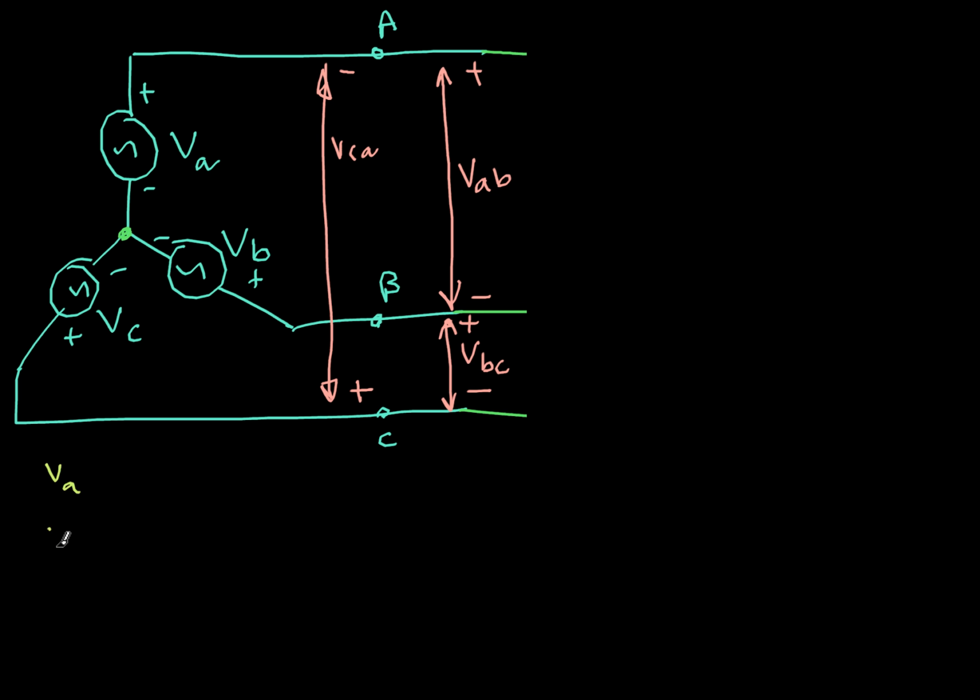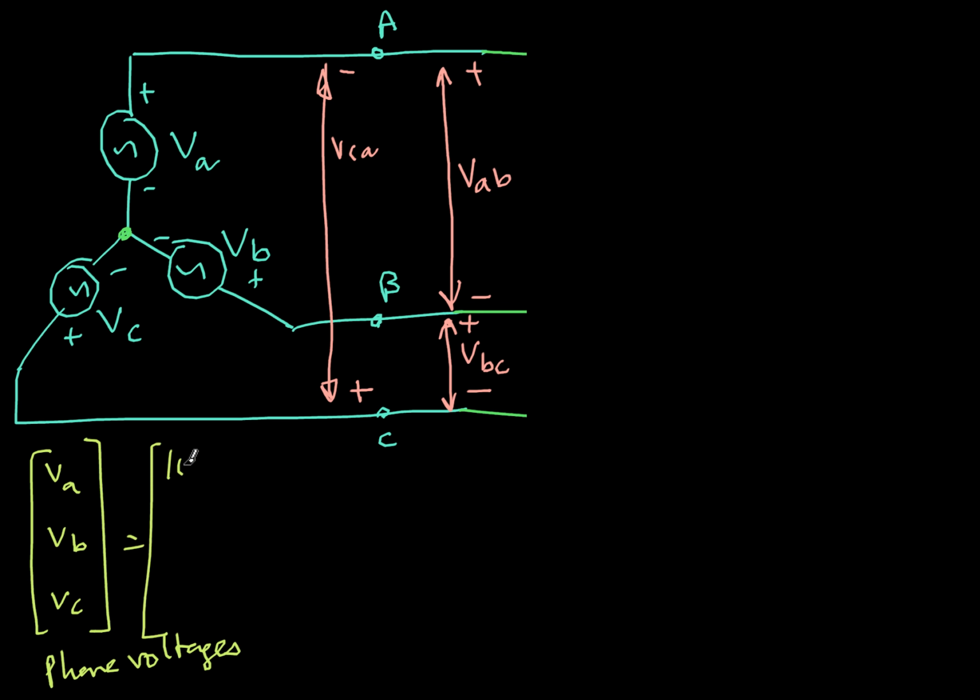So for example, VA, VB, VC. These are phase voltages, and those values are already given in the question, that is 100 at 0 degrees, 100 at minus 120 degrees, and 100 at minus 240 degrees. This is in volts.